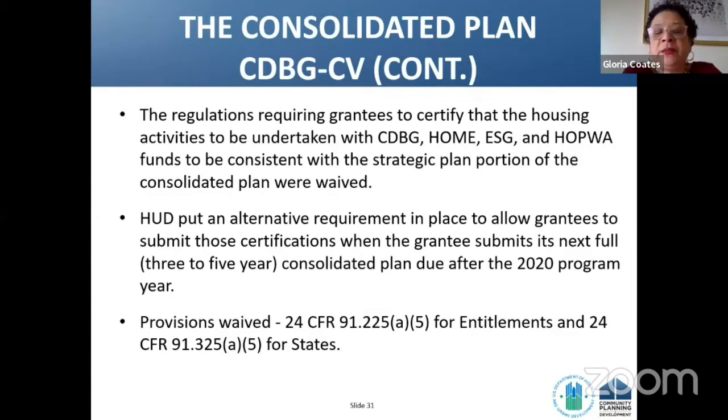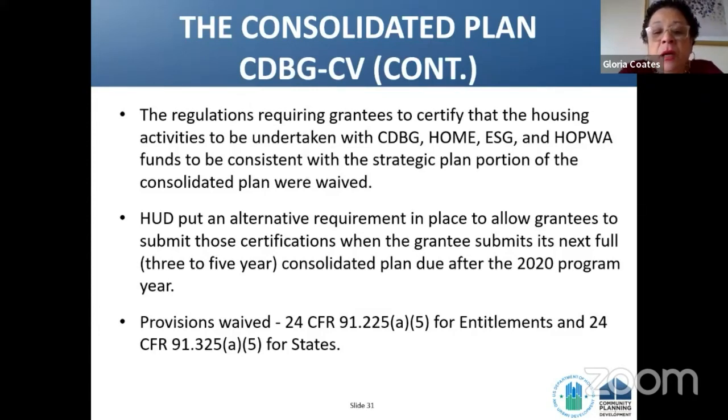A lot of grantees had their consolidated plans expire and they started 2020 to 2024, which they probably had sent out for citizen participation before the pandemic, particularly the January ones, before we knew about coronavirus.